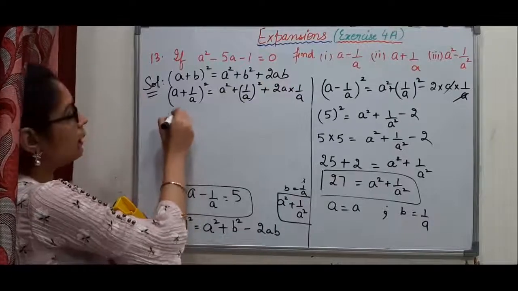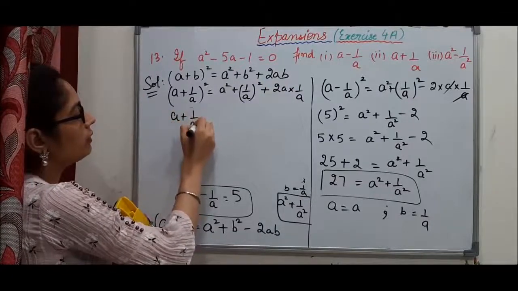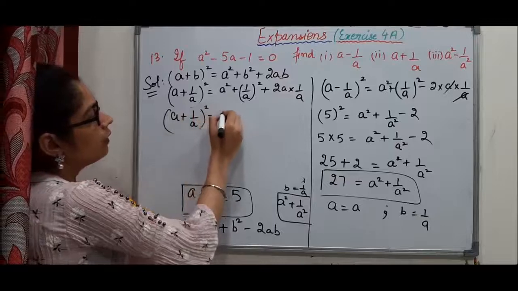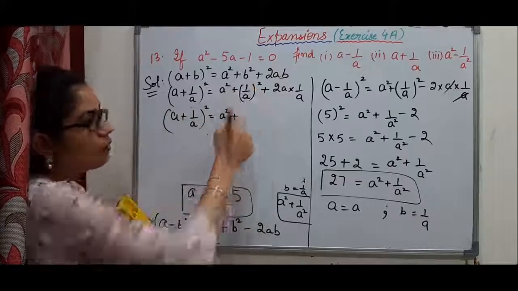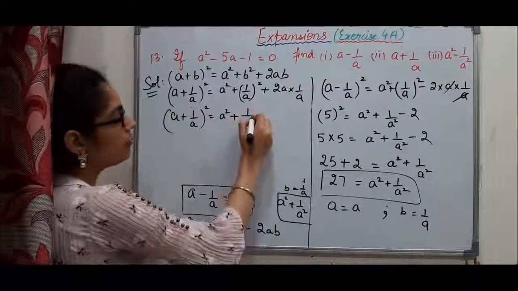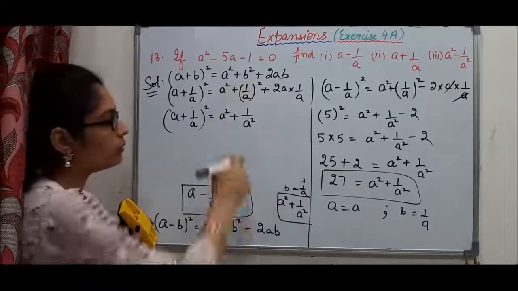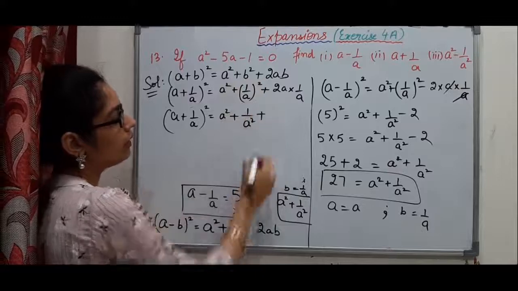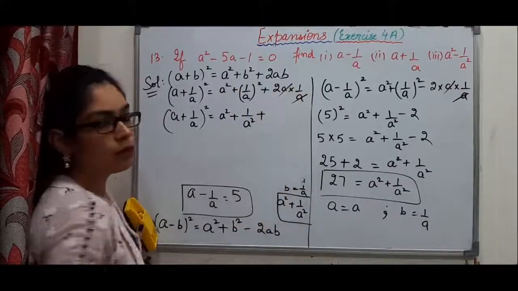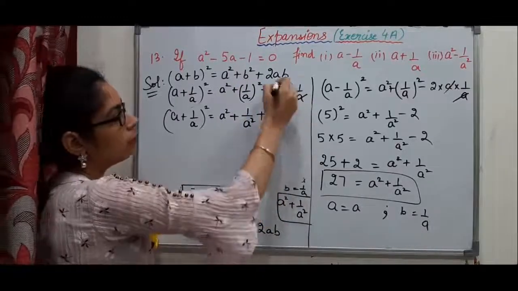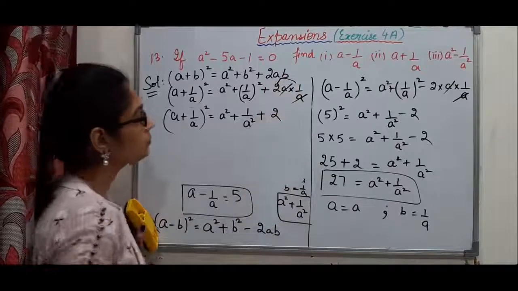A plus 1 by a we have to find, so as it is I will write a square plus 1 by a whole square is 1 by a square, because 1 square by a square. So 1 square is 1, a square I have written. 2 and 2, a and a will get cancelled, so 2 into 1 is 2.